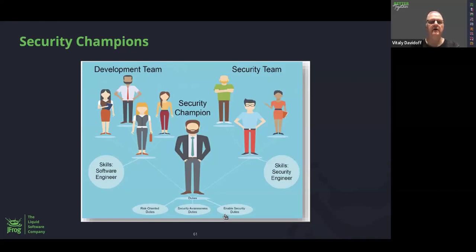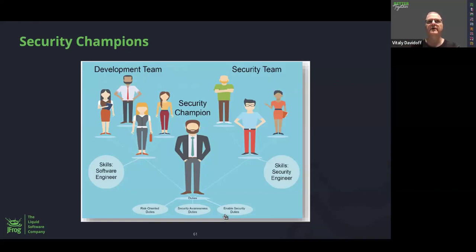We provide extra training for champions for the research process, and they understand all the security vulnerabilities. They're developers, they understand the code, they understand the flow, they are actually responsible for those services.